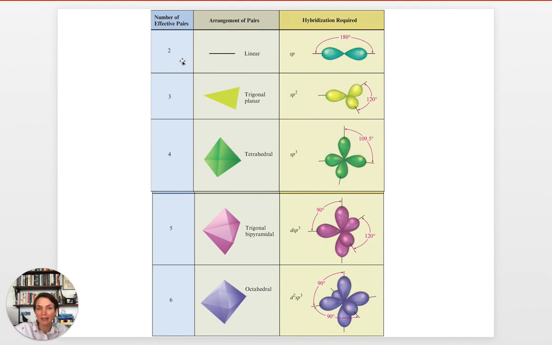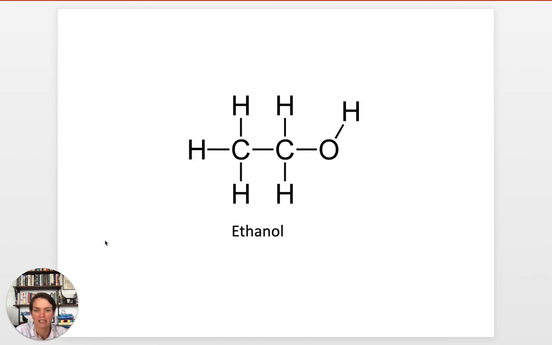The pi bonds, those double and triple bonds, exist in unhybridized orbitals. So if it's linear, you have sp hybridization; trigonal planar, sp2; tetrahedral, sp3; trigonal bipyramidal, d-sp3. So we're just adding another layer of complexity here.